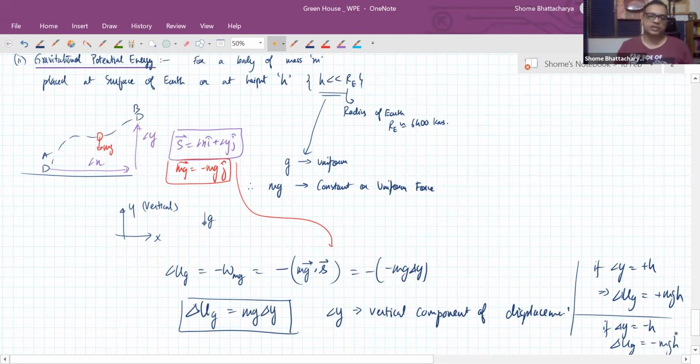So anytime you lift a body up to a greater height from the surface of the earth or from its initial height, you're increasing the gravitational potential energy. And every time you allow the body to drop or you bring it down to a lower height, the gravitational potential energy is decreasing for the body. This is the simple rule of thumb to remember.